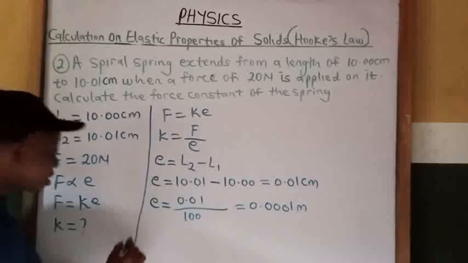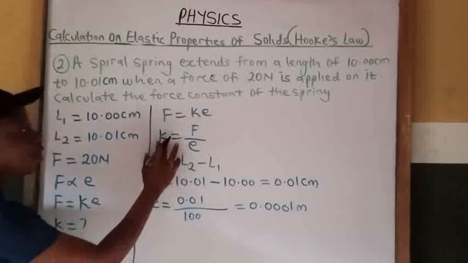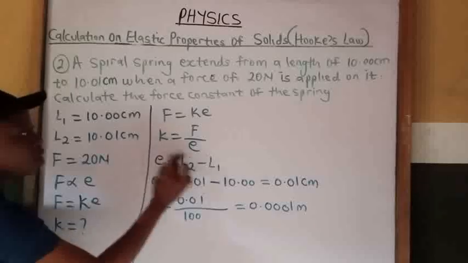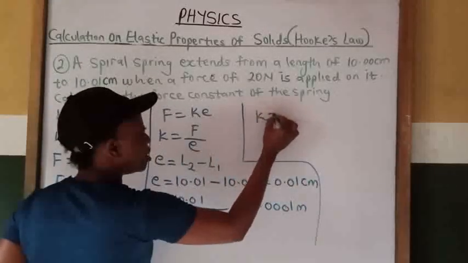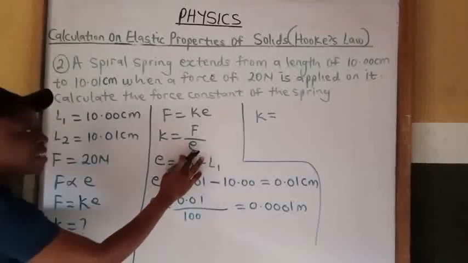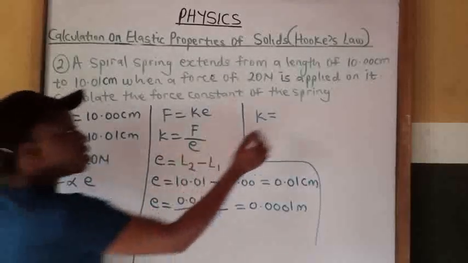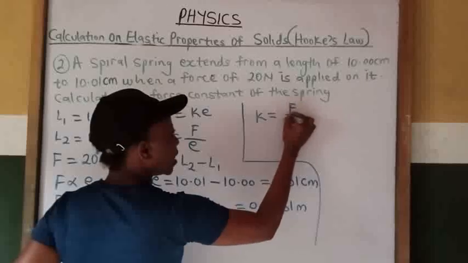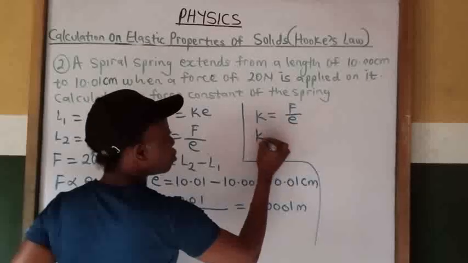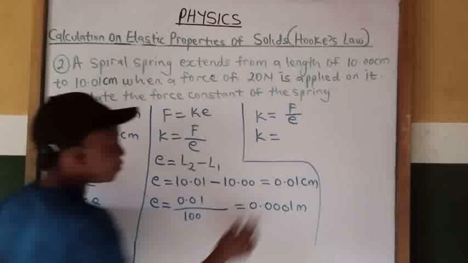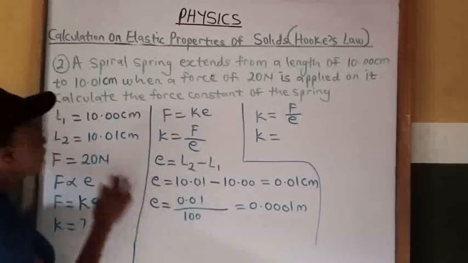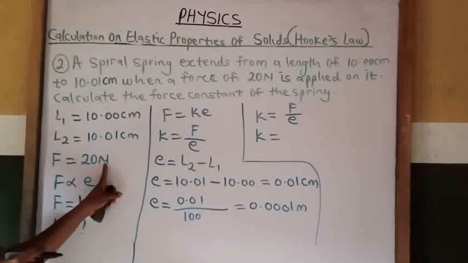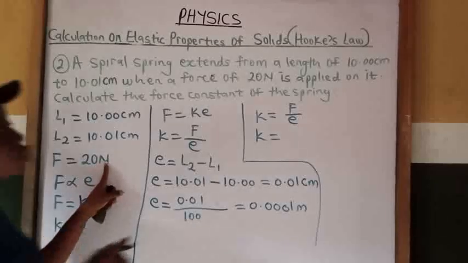So we go back to the formula. We are looking for constant K. K equals force divided by extension E, so F divided by E. What is the value of F? Our F equals 20 Newton.